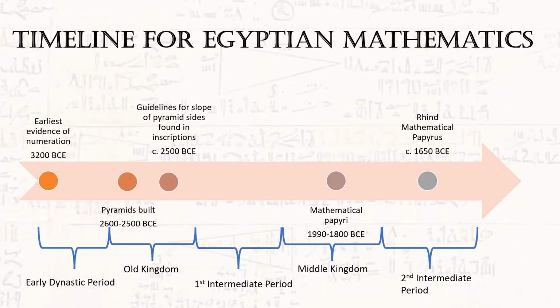The mathematical papyri that we're going to be focusing on today date to the Middle Kingdom rather than the Old Kingdom. So we don't know if this knowledge was had before, because papyrus deteriorates. It's preserved a little longer in the climate of Egypt, but it still deteriorates.